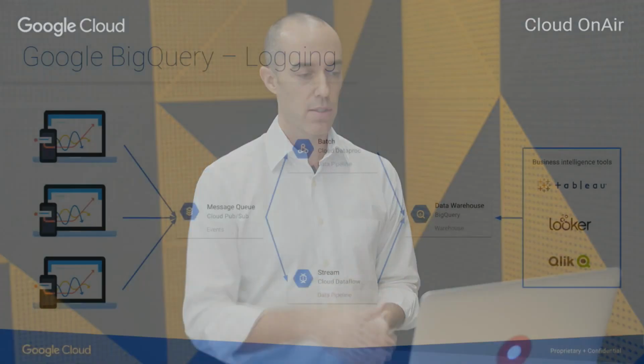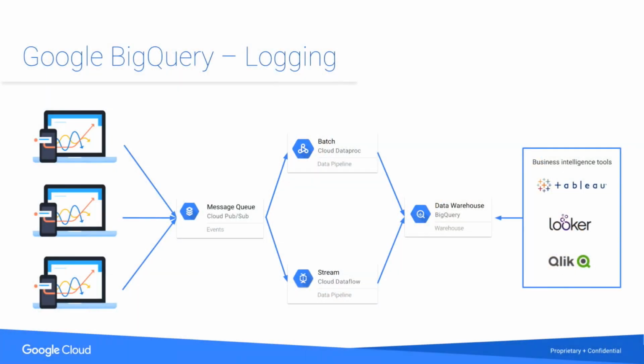A great use case with BigQuery is all around logging. This architecture is similar to the one we saw with Bigtable, but once you've done your batch or stream processing, and you want to throw things into your data warehouse, you don't need those super fast reads and writes. Then just chuck it into BigQuery. Another good example is that it gives you auto date partitioning.